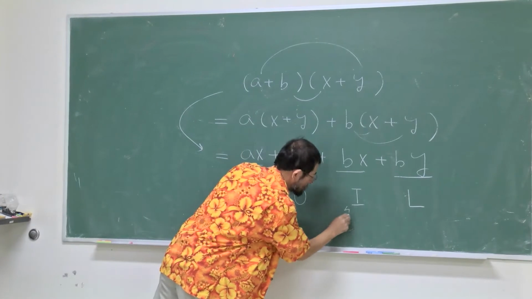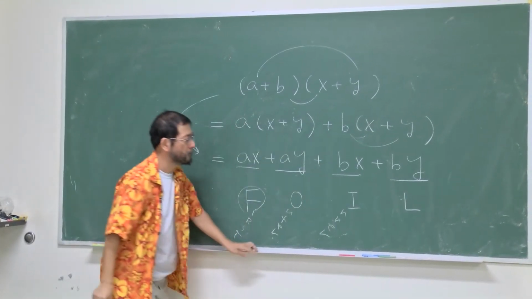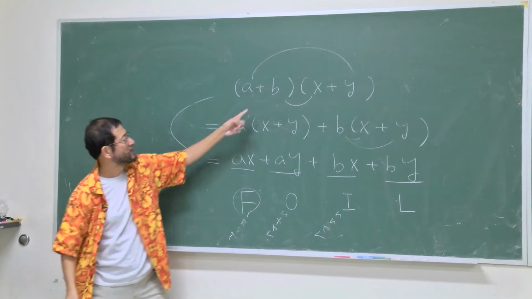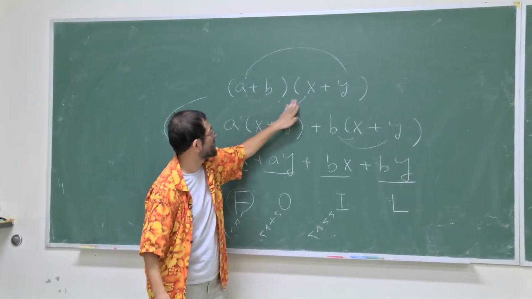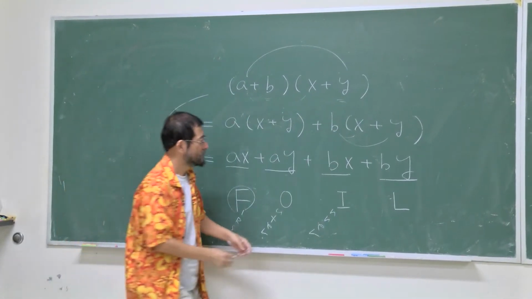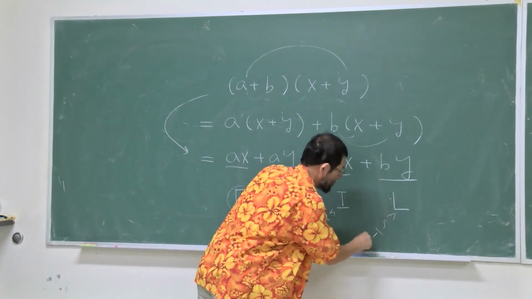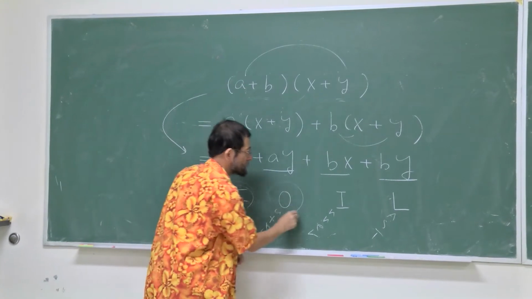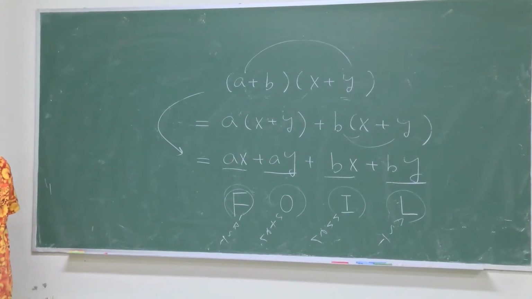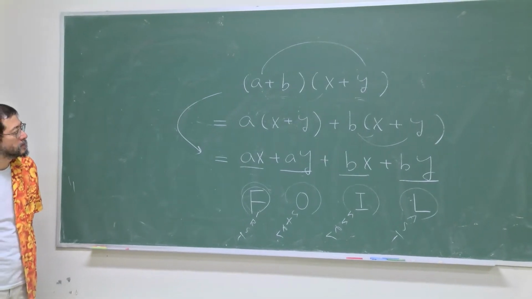So I stands for the inner. And lastly, the L stands for the last piece, the last one of each binomial. So this comes from the last. So this is just a way to memorize what you have to do to multiply two binomials.